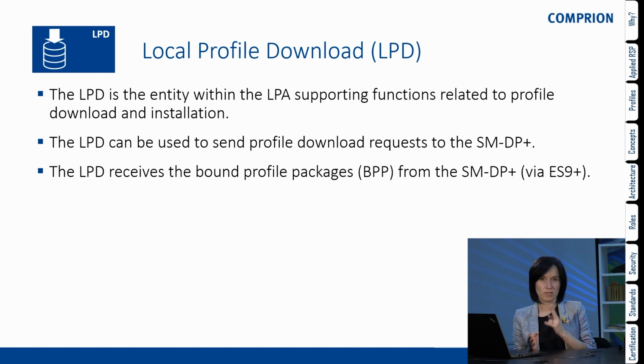So the profile is cut in pieces and then transferred to the eUSSC. Okay, and it's called the profile package because there is some information additionally inside of it, some cryptographic parts as well. And this profile package is bound, meaning there are some encryption modularities inside.